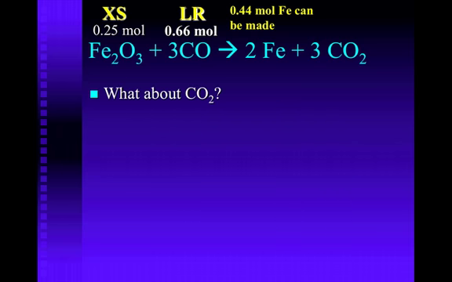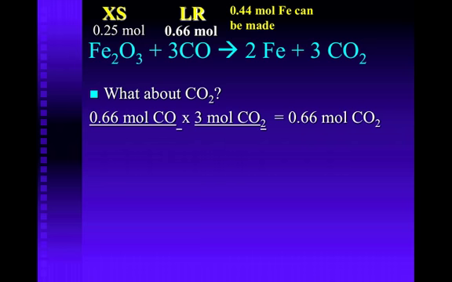How much carbon dioxide can be produced in this equation? We'll start with your limiting reactant, 0.66 moles of CO over 1, 3:3 mole ratio of CO to CO2. Since this is 0.66 moles and it's the limiting reactant, then I should also have 0.66 moles over here because the 3 and the 3 are the same coefficient.